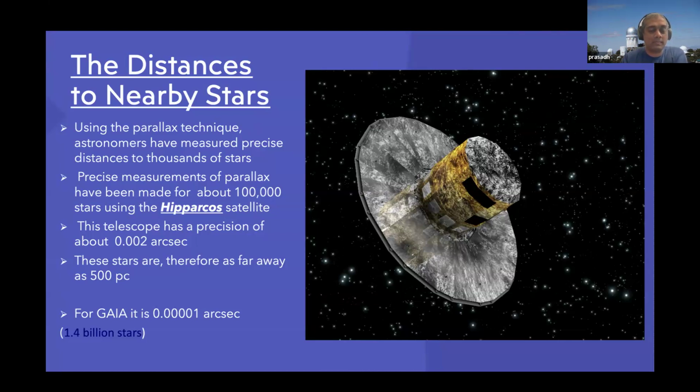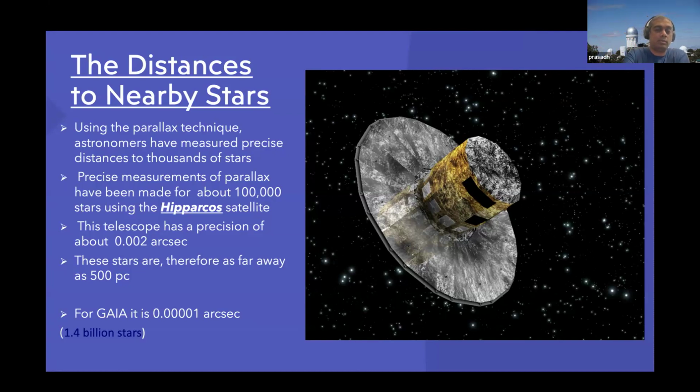This spacecraft is very, very powerful. As far as I remember, the mission is still going on. And as far as I remember, it has measured the parallaxes of up to 1.4 billion stars, right?